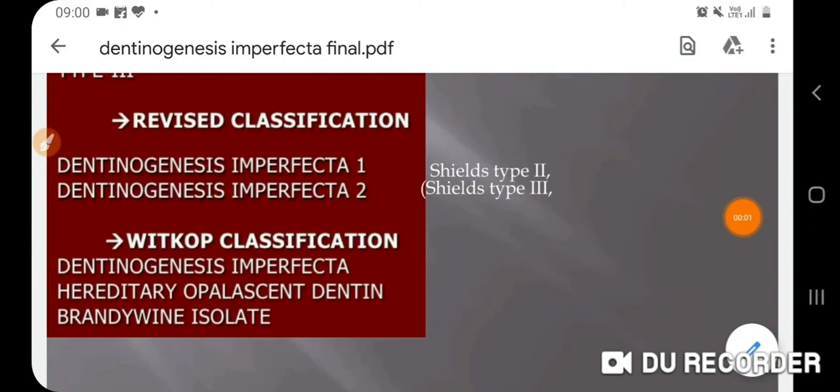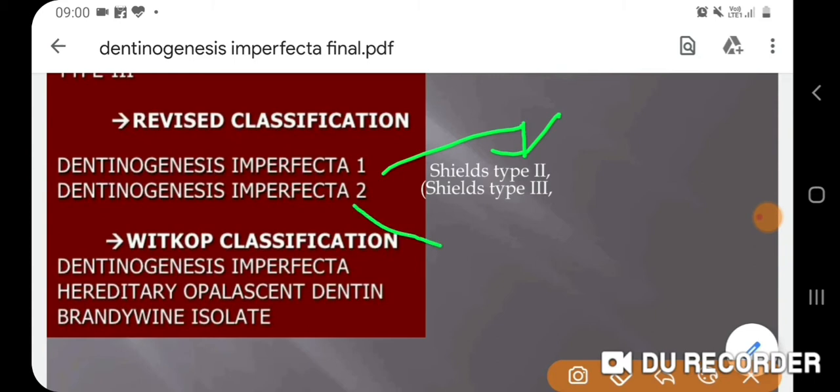Now, there is a revised classification. According to this, dentinogenesis imperfecta 1 is similar to Shields type 2, and dentinogenesis imperfecta 2 is similar to Shields type 3.